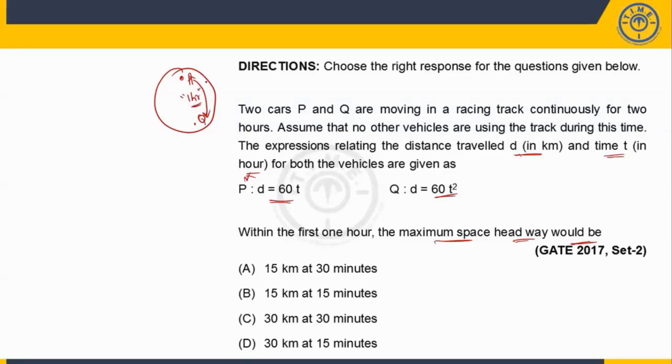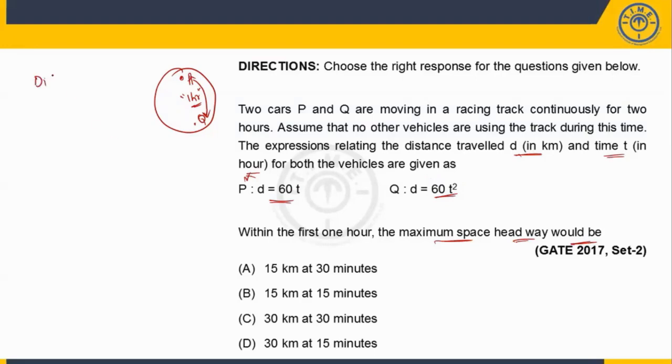That means always between car P and car Q, whichever might go first, whichever might go later, there will be some difference. Yes or no? Because both the functions in distance are not the same. This is 60t and this is 60t square.